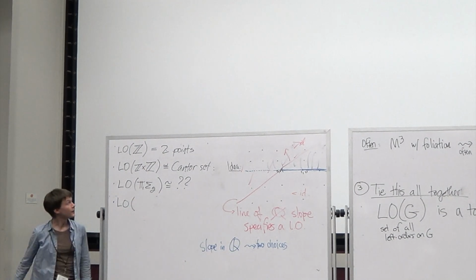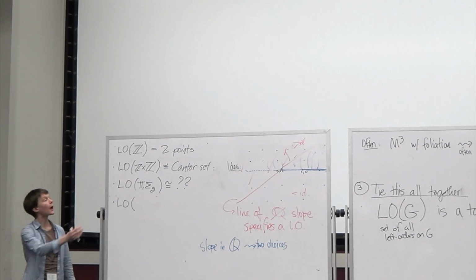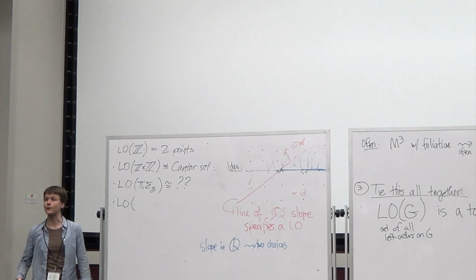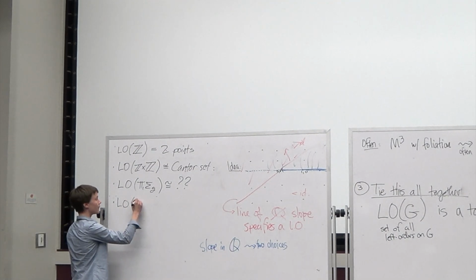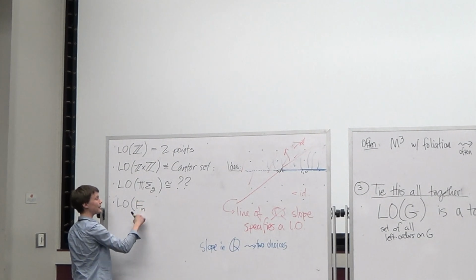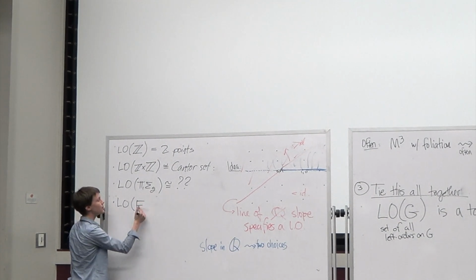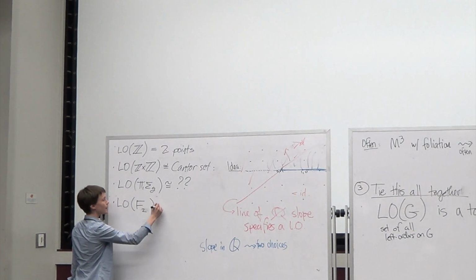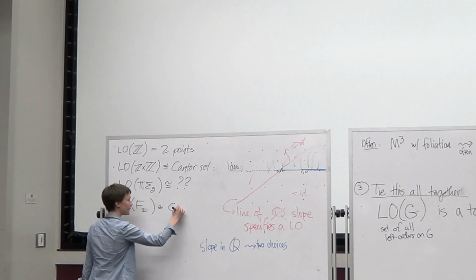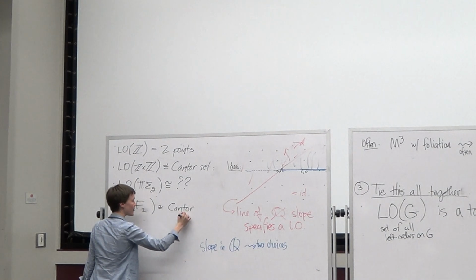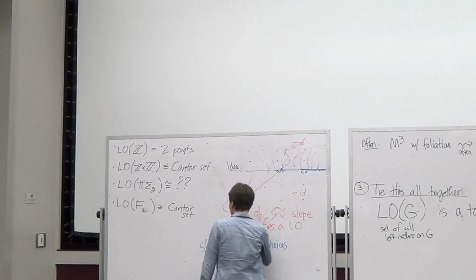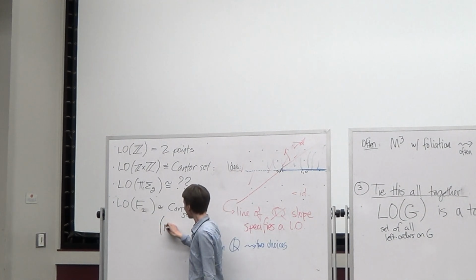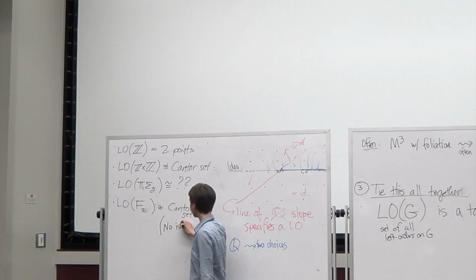But often, tools from dynamics can actually help us understand this kind of algebraic question: what are all the left orders of a group? So here's a nice example. If I take a free group, let's just do the free group on 2 generators, this one's also a Cantor set. And in this context, it ends up being equivalent to saying there's no isolated points.